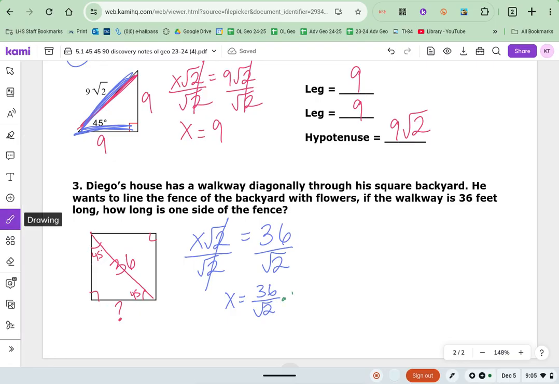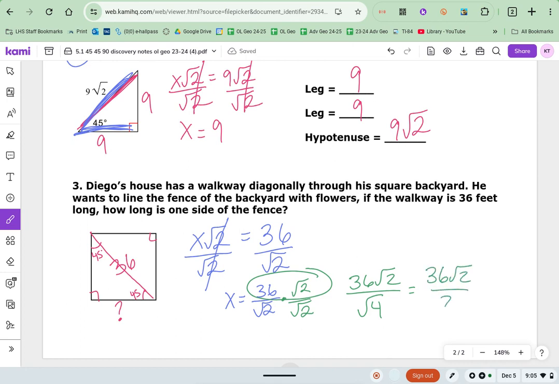So we're going to multiply by root 2 over root 2 to get that radical off the denominator. When we multiply with fractions, you multiply across the top. So 36 root 2. Root 2 times root 2 is root 4. The square root of 4 is 2, so 36 root 2 over 2. And then 36 divided by 2, that's just 18. So 18 root 2 feet.